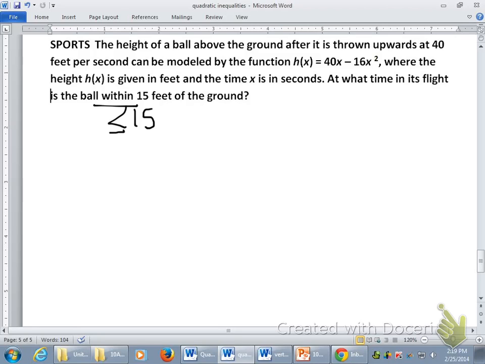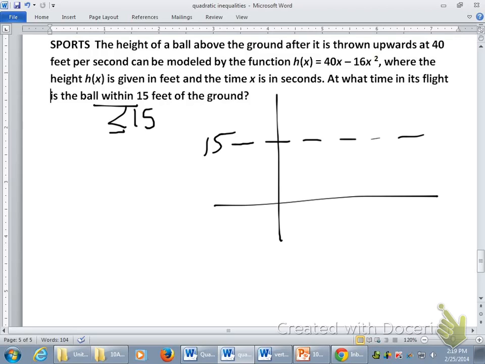Okay. Well, I've got the function already. So there's two ways of doing it. This would be my 15 feet, wouldn't it? Y equals 15. Can I graph this? All right, well, let's use our calculator and graph it. We know that this function is this U shape.